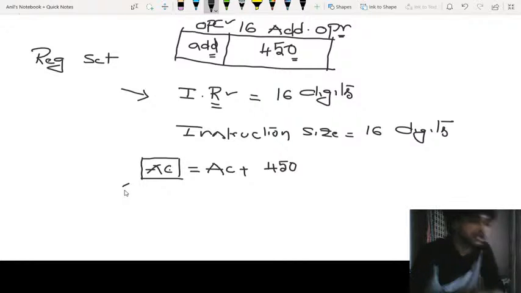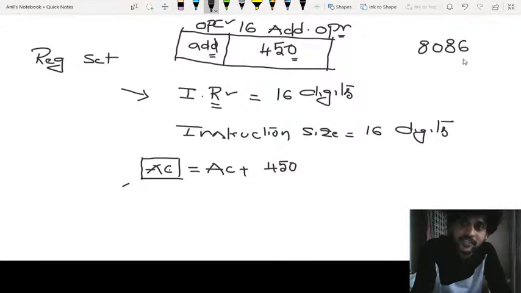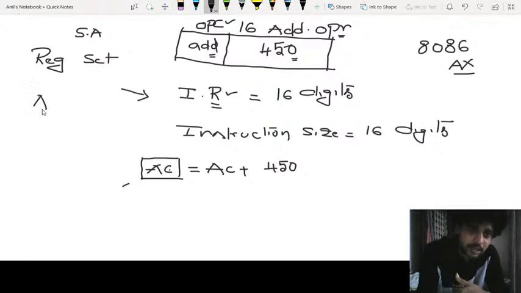See, Lokesh Parab, you are talking about 8086. Several times I told you that in 8086, accumulator is the AX register. But in our architecture that we are discussing, which is single accumulator organization, accumulator is called accumulator itself. I don't call it AX.